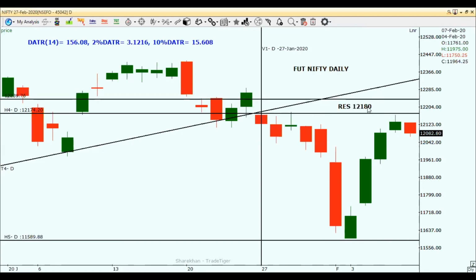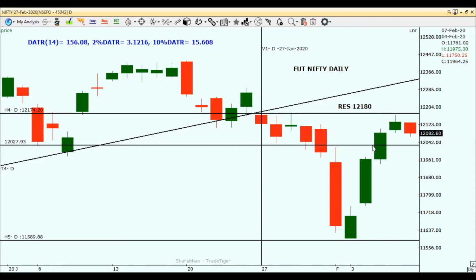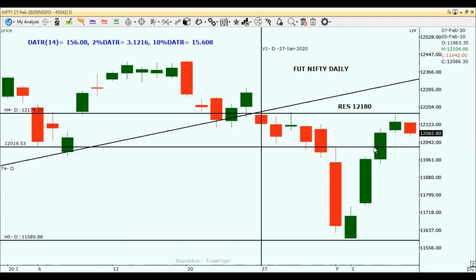Similarly, the immediate support area is this. On the daily chart, we get an immediate support area at 12,020.